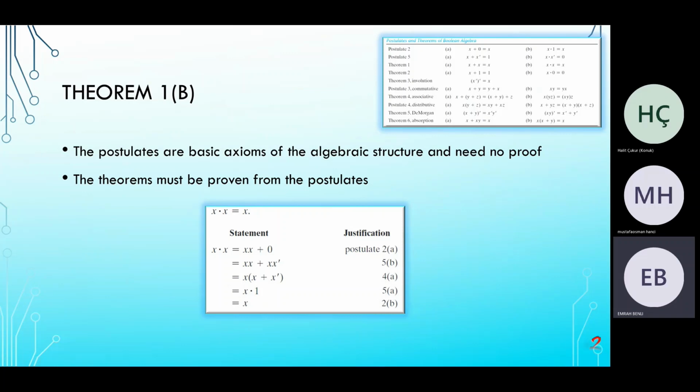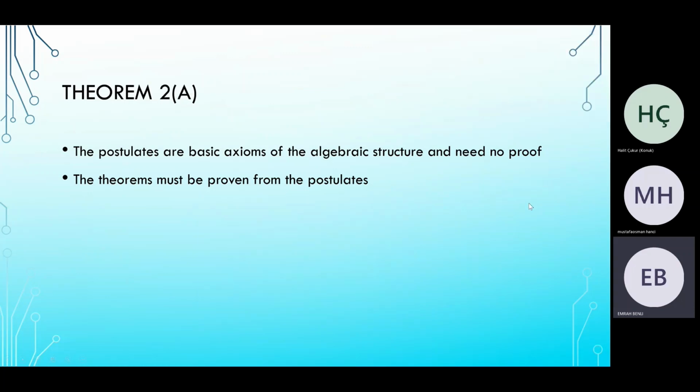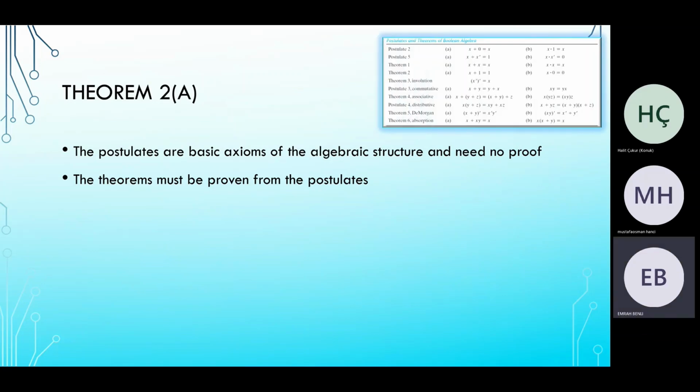Okay. Now let's go to 2a. The table. What was theorem 2a? x or 1 equals 1.